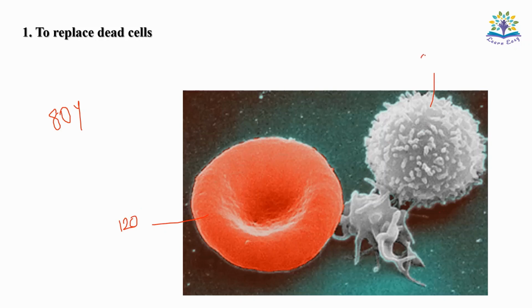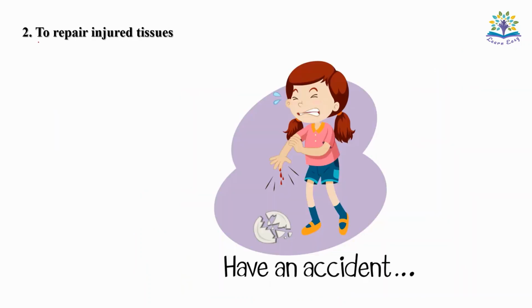That of a WBC is 2 to 3 weeks. For a platelet, it's about 10 days. So we can see that the lifespan of the cell is very much less than the lifespan of a human. So in order to replace the dead cells, new cells have to be produced, which is done with the help of cell division.